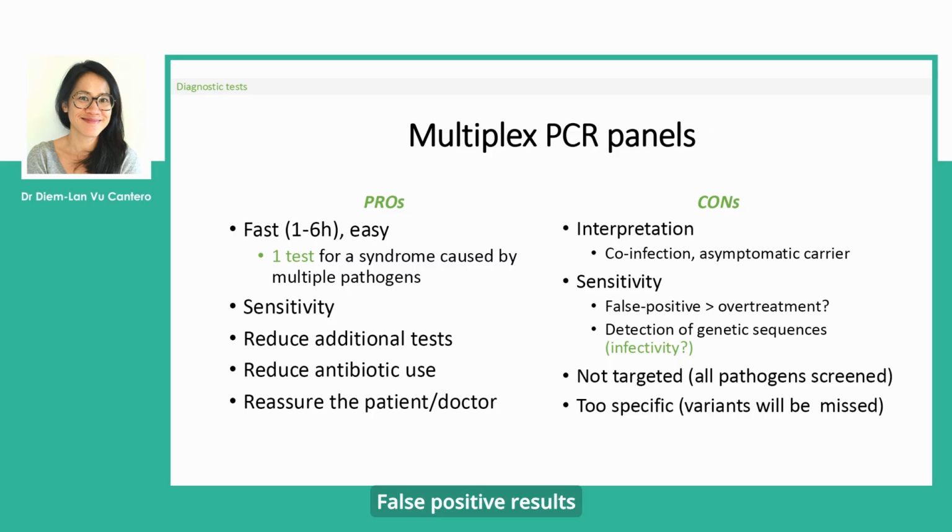False positive results can lead to overtreatment, and they can only detect genetic sequences, so they don't provide any information on the infectivity of the pathogen. As all pathogens are screened, you have to deal with the results, even the false positive ones. And the high specificity can theoretically miss variants.